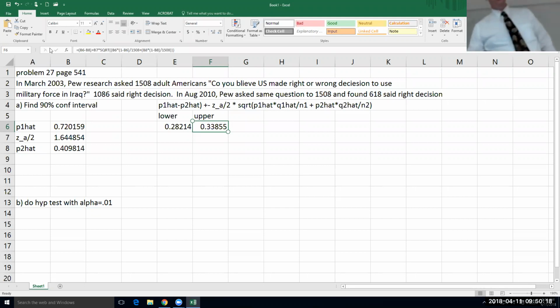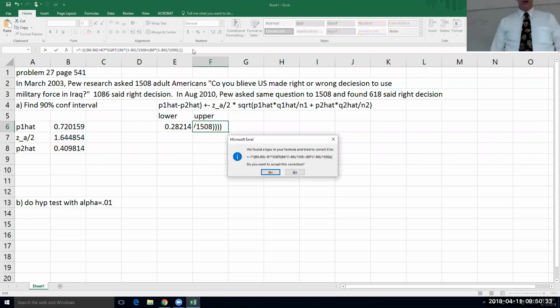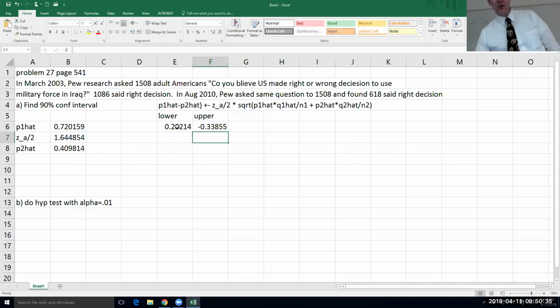Here's what I'm going to do. I'm going to multiply the lower end times -1. Obviously you would never do this, but just to show you. Oh, sorry, this was the upper end. Whatever, doesn't matter. Let's pretend that these are the numbers you came up with.